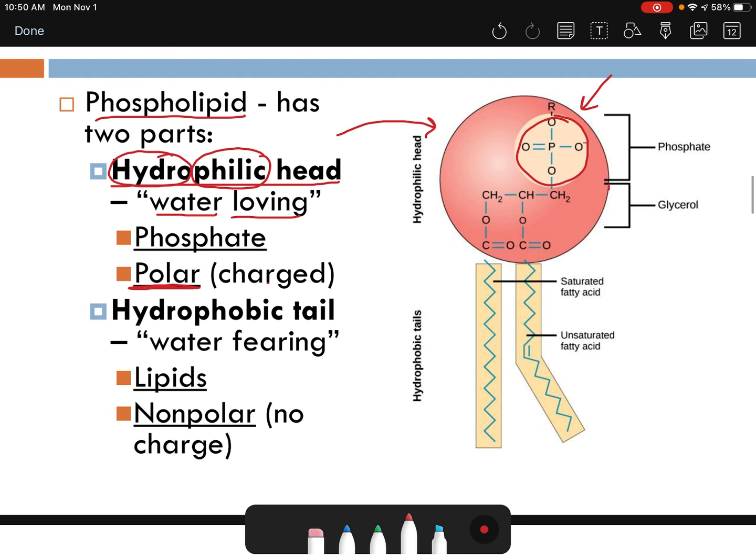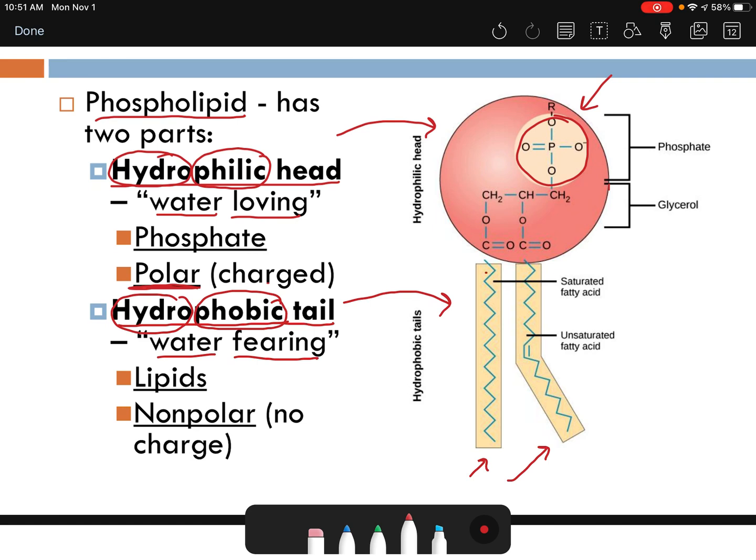The tails, and if you look here, there's two of them here. This is the hydrophobic tail. Again, hydro means water. Phobic, if any of you have a phobia of something, phobic means fearing. So the tails are hydrophobic. They do not want to be anywhere near water, okay? And this is the lipid portion.